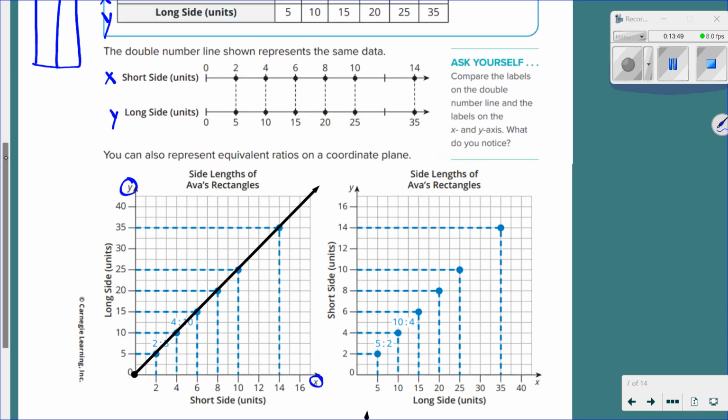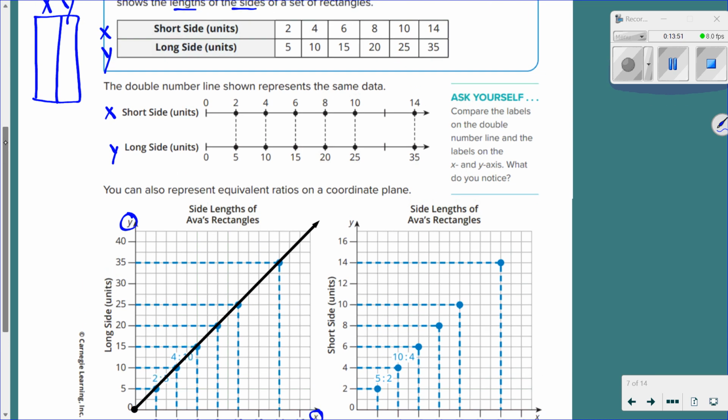When I'm looking at either a table or a double number line, I can change my values into an ordered pair. All I have to do is add the parenthesis. I list my x value first, my comma, my y value second, and I close the parentheses. Once I've got the ordered pair, now it's easy to transfer it onto a graph.